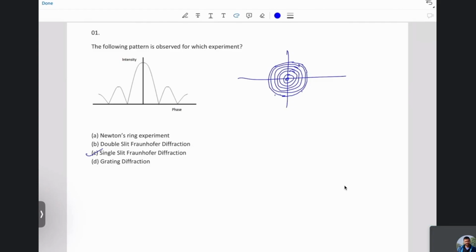They become smaller, right? So this is Newton's rings.